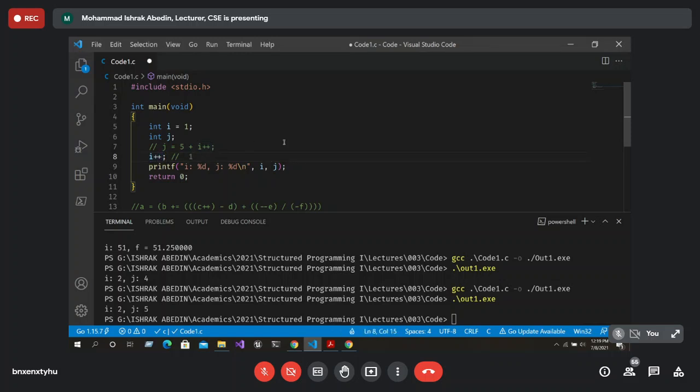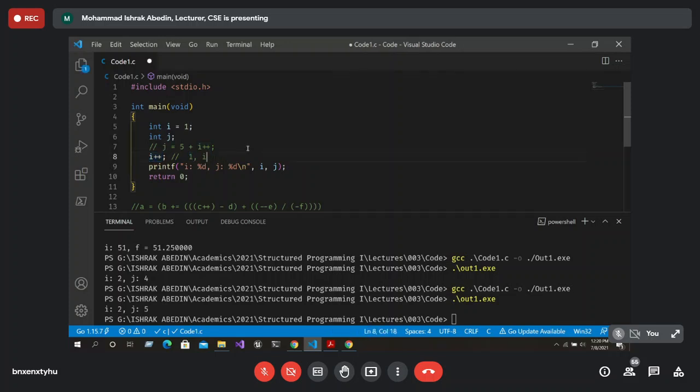However, after this statement is executed, the value of i will be 2. That's how the compiler is designed. The evaluation of this expression is 1. However, the value of i will become 2. Okay, sir, I've got it. That means after the execution, the value of i will be 2. Yes. But this expression will be evaluated as 1.